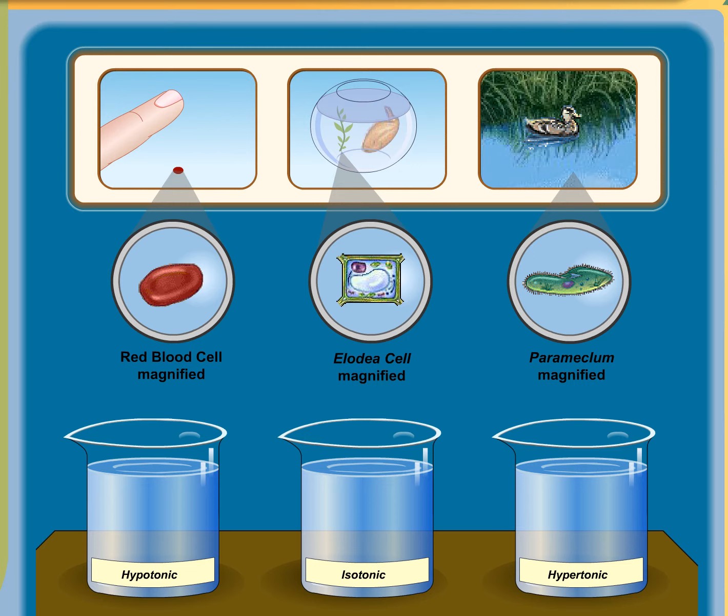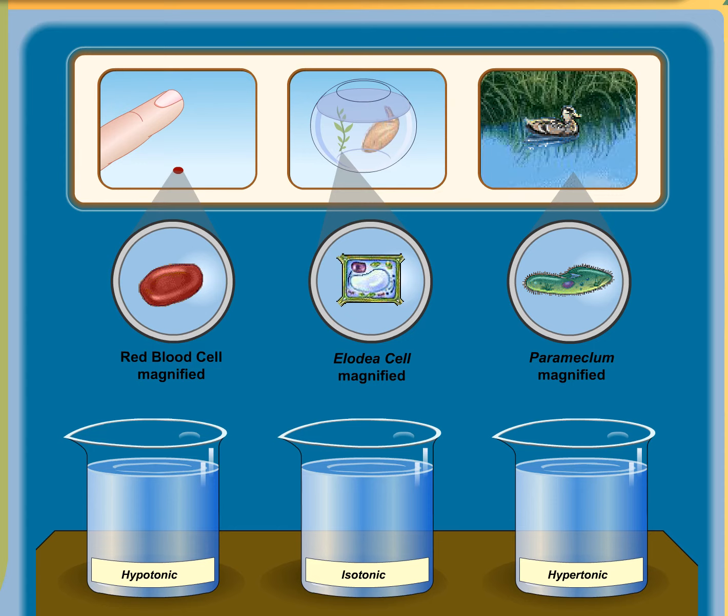Suppose a living cell is placed in a solution that has a higher salt concentration than the cell has. Such a solution is said to be hypertonic to the cell because there are more salt ions and fewer water molecules per unit volume outside the cell than inside.